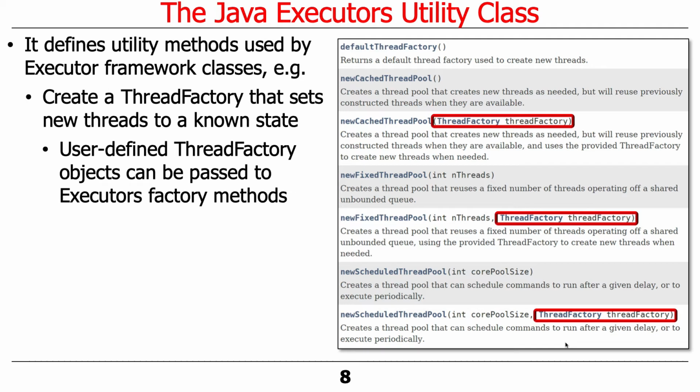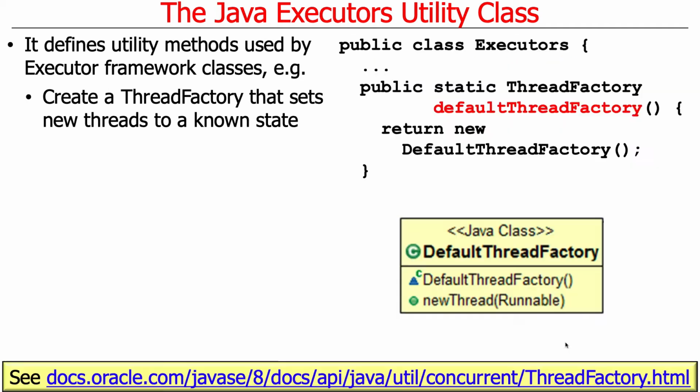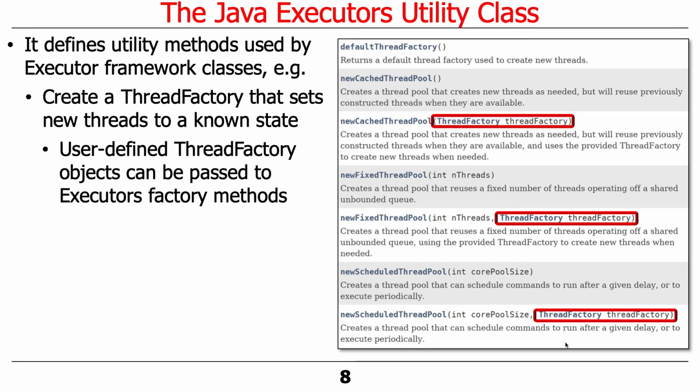You can also define instances of thread factory. You can subclass from thread factory and make your own thread factories, not the default ones. You can make custom thread factories, and then you can pass those to the factory methods here.